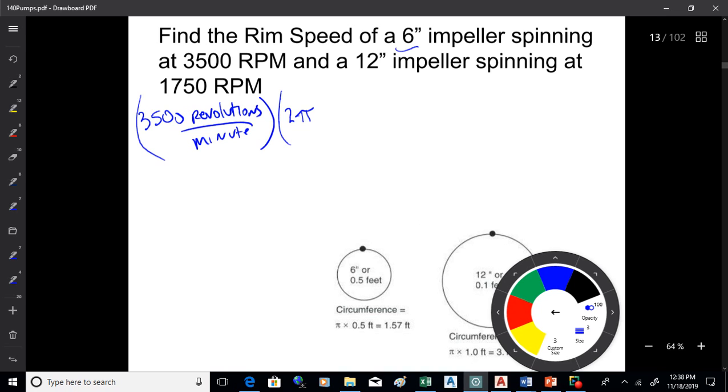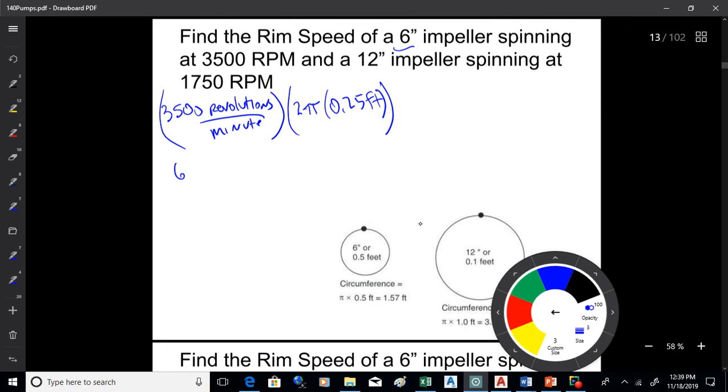Now the radius of a 6-inch impeller would be 3 inches, which is 0.25 feet. 6-inch impeller, half of that is 3 inches. So what I'm doing there, I'm taking 6 inches over 2 is a 3-inch radius, and then 3 inches over 12 would get you 0.25 feet. That's how I'm calculating that out.